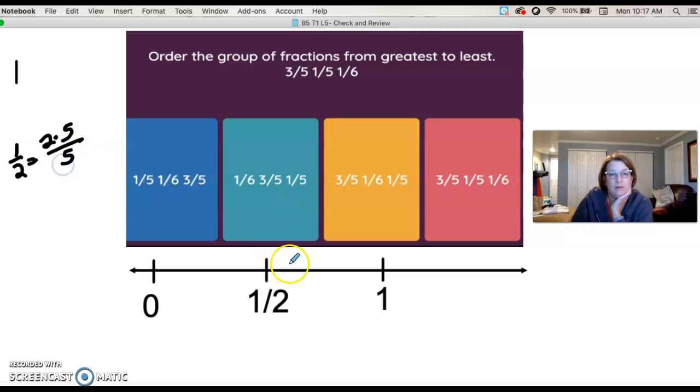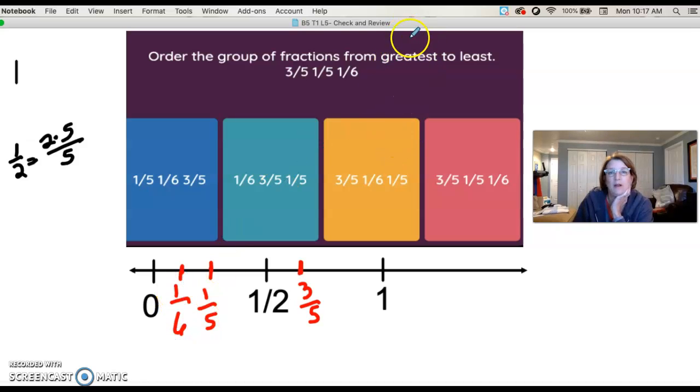So 3/5 is just a wee bit bigger than 1/2. 1/5, we've got a common numerator here between 1/2 and 1/5, and I know that 1/5 is a smaller piece, because if I take something and cut it into 5 pieces instead of 2, it's littler. And then I've got 1/6, which is another common numerator. A 1/6 piece would be smaller than a 1/5 piece.